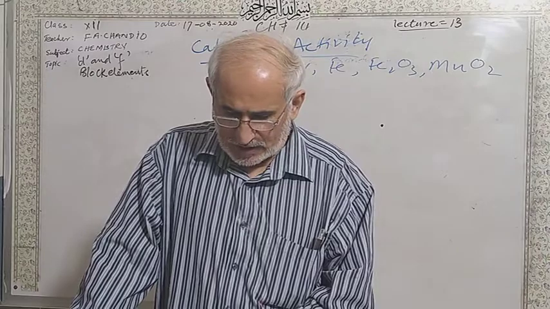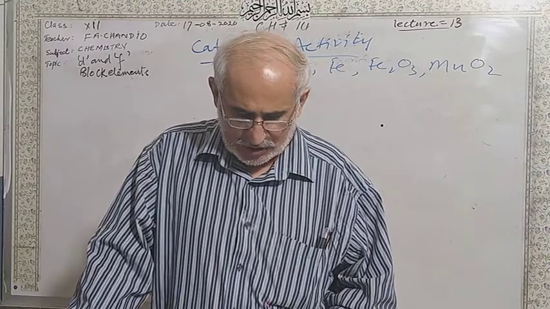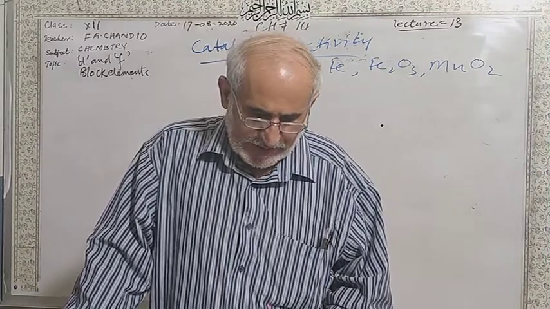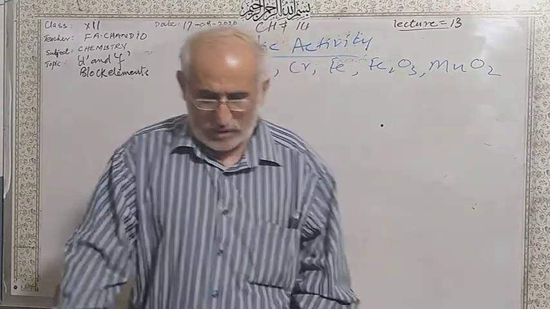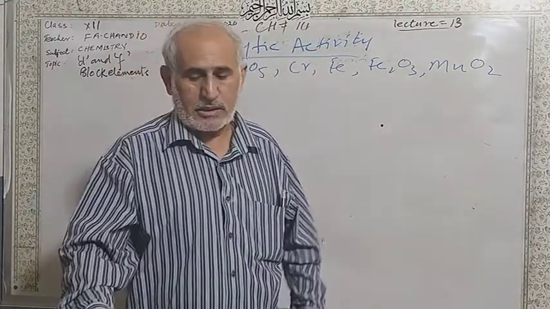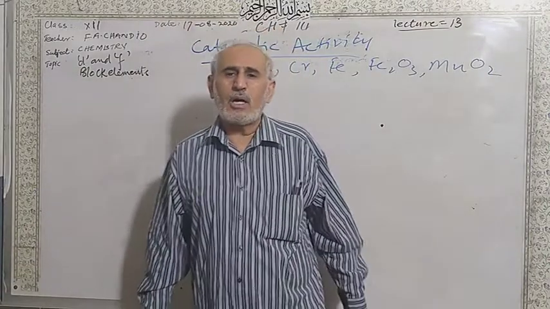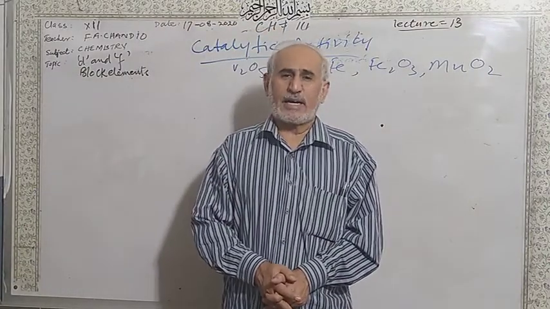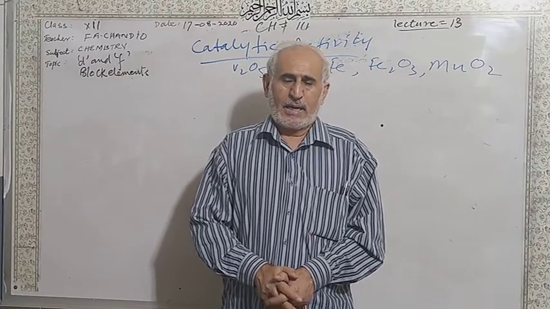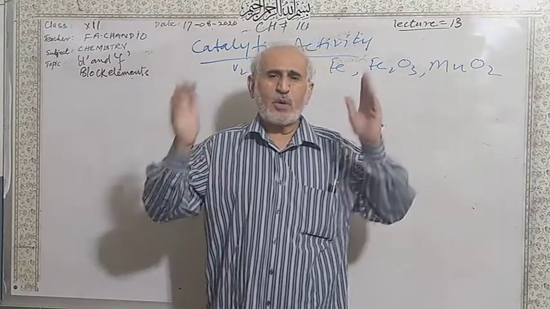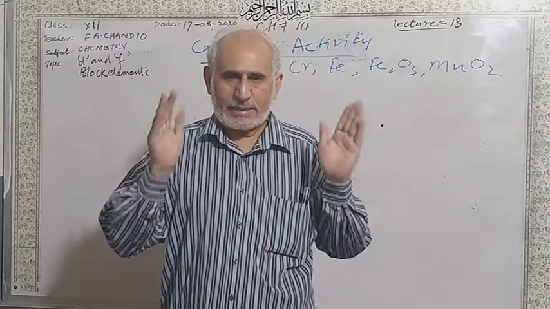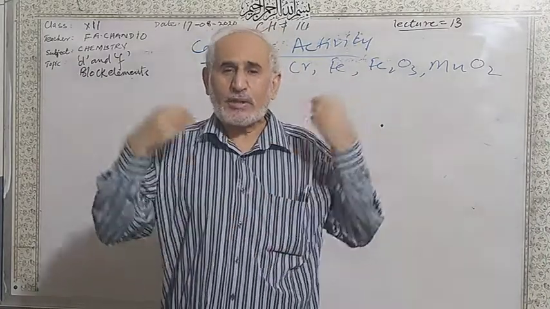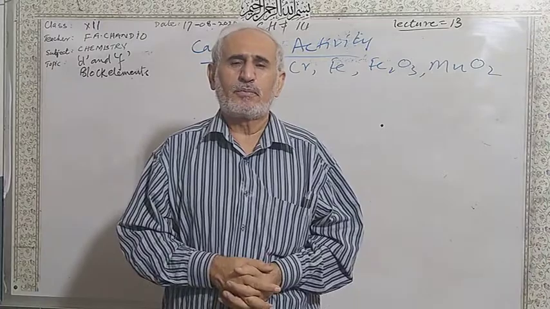1% sodium oxide and potassium oxide are not transition metals. 1% silicon oxide and aluminum oxide are not transition metals. They are used as promoters. Promoters are called catalysts for the catalyst. Students, this is very important: a specific, particular catalyst is used for a particular chemical reaction.